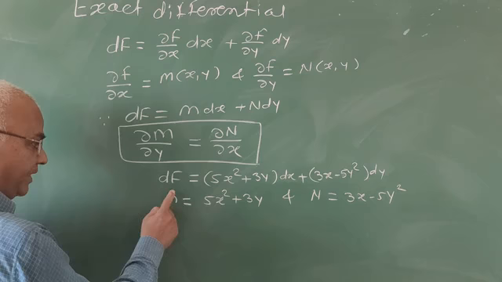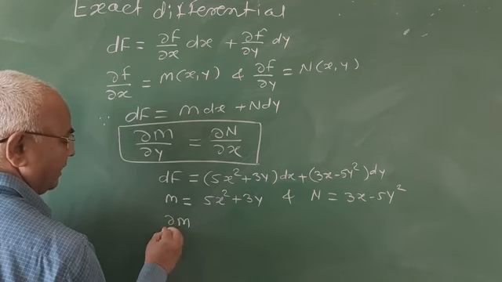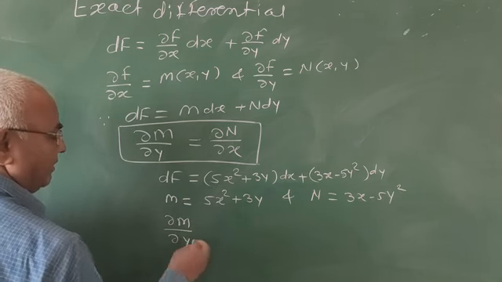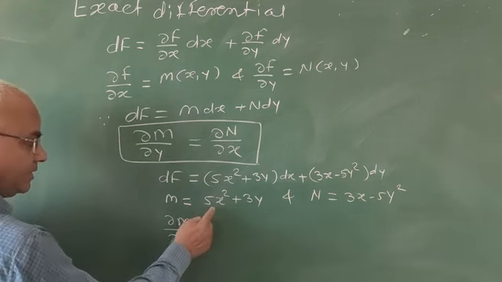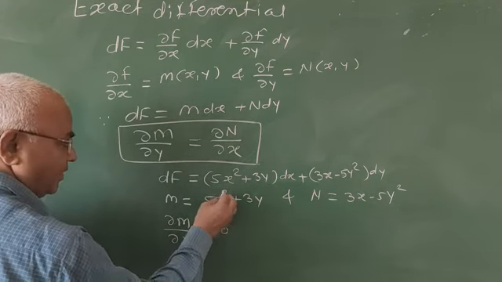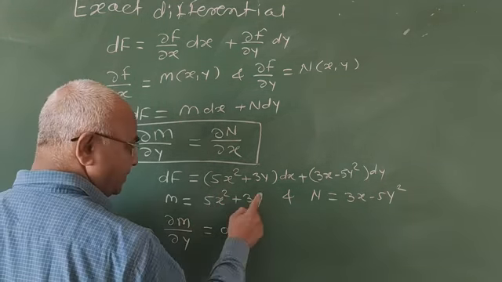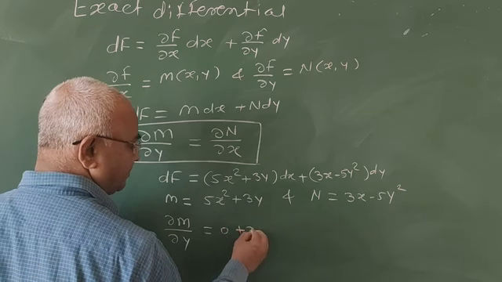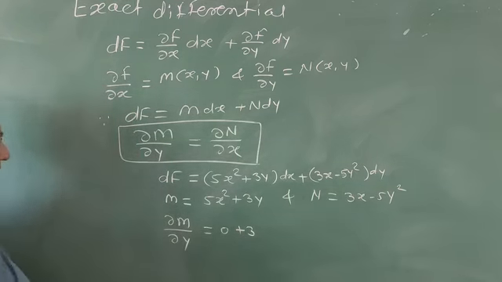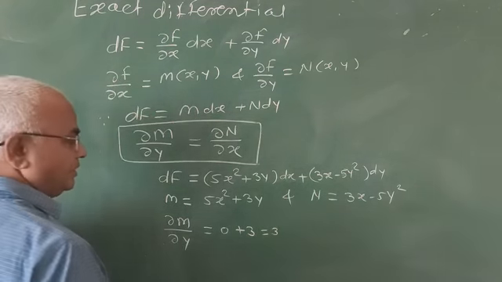Taking partial differentiation of M with respect to y, ∂M/∂y. Partial differentiation of first term 5x² is 0 because x is constant in this case. Partial differentiation of 3y is plus 3. That means final answer is 3.